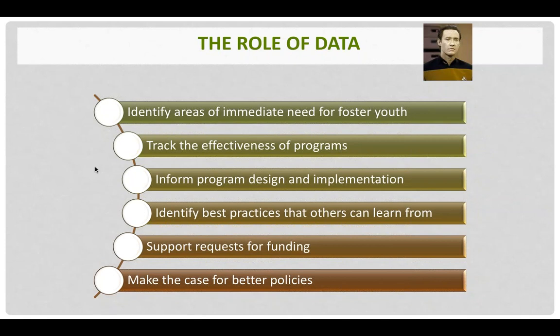Then, of course, especially as a learning community, we're really interested in identifying the best practices that others can learn from, the things that you're finding real success with, so we can spread the good news. And of course, having this kind of information from your own programs and the students on your campus can help support your requests for funding.